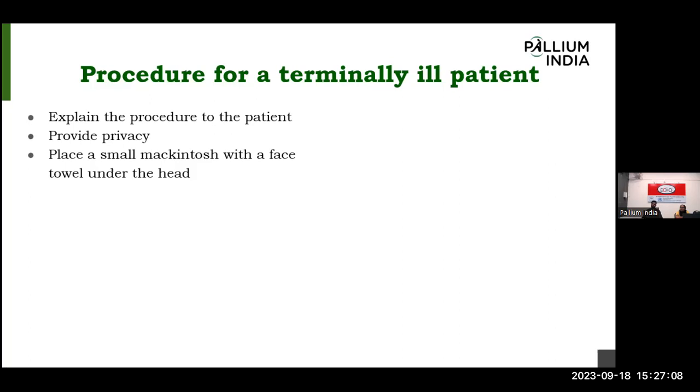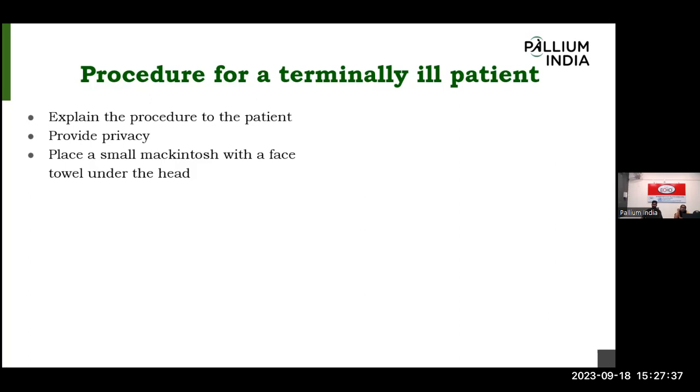So they usually don't tell anything to the unconscious patient. They will be doing their self care things without telling anything, because they think the patient will not hear anything. You have to tell them that even if the patient does not respond, they are able to hear us. So that important message you have to tell them.